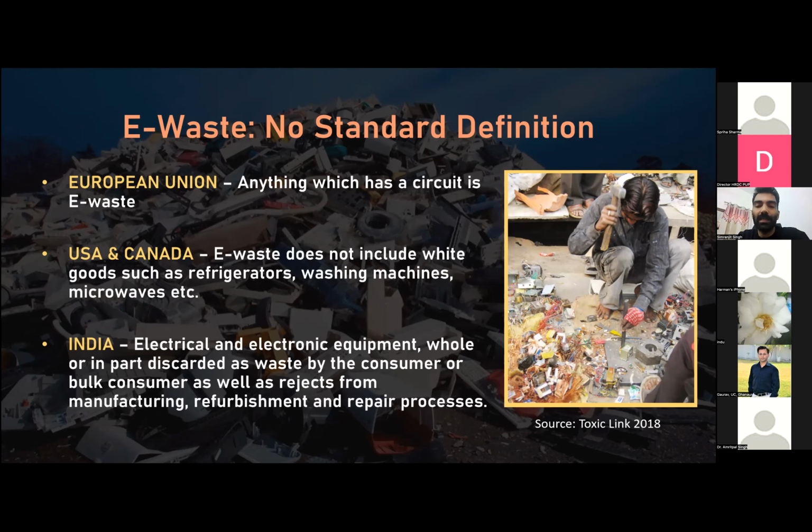The USA and Canada, on the other hand, do not include white goods like refrigerators, washing machines, and microwaves as e-waste. Why they do that depends on their policy. We call them white goods because when these big appliances initially came to the market, they were white in color: dishwashers, washing machines, microwaves, and refrigerators. In the USA, they don't consider them e-waste.